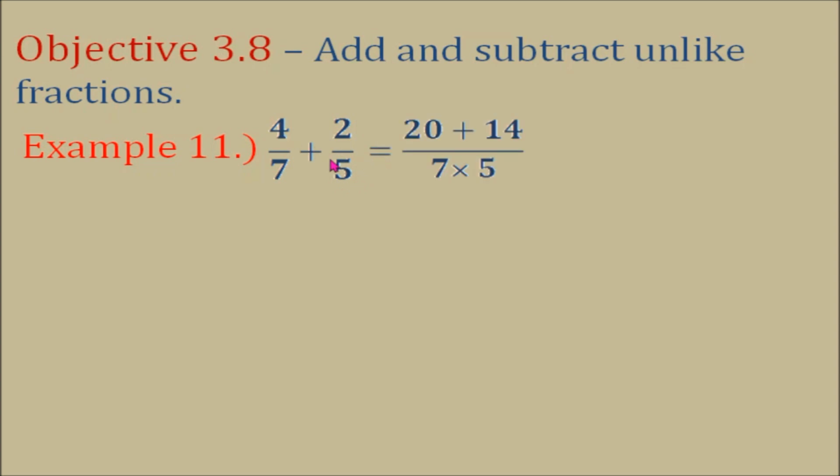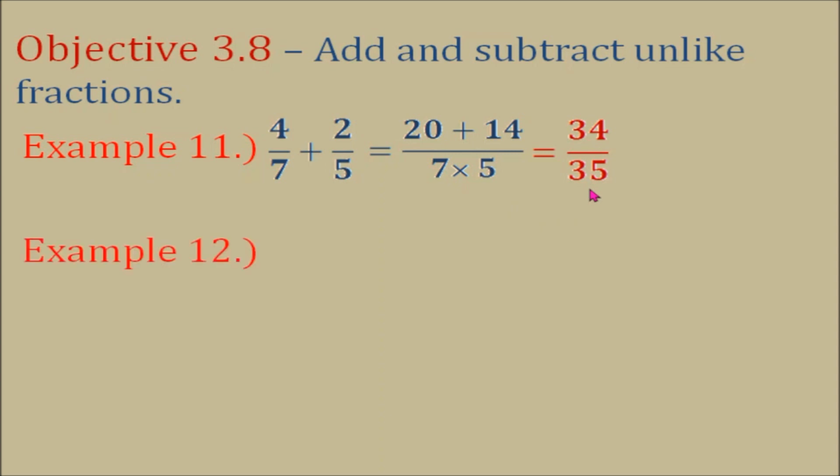So 4 times 5 is 20, then plus 7 times 2 is 14. And then over 7 times 5, we multiply the denominators. Now 20 plus 14 is 34, and 7 times 5 is 35. So our answer is 34 over 35.